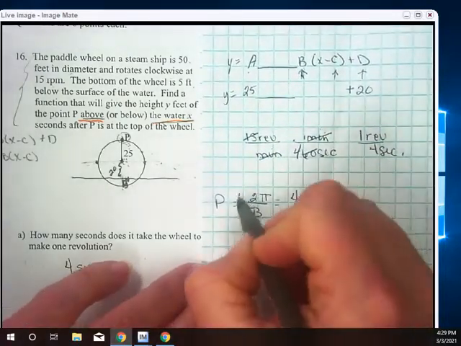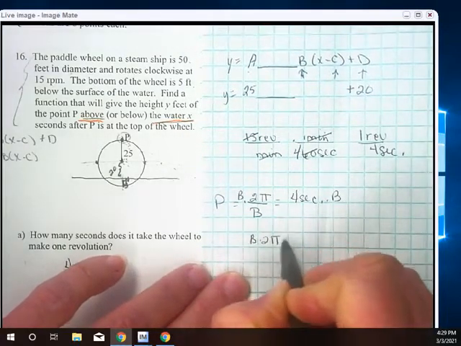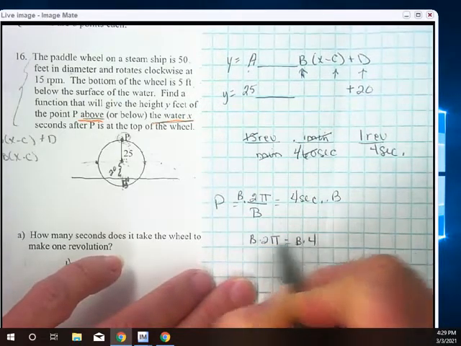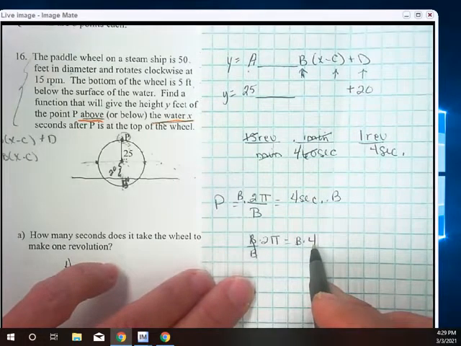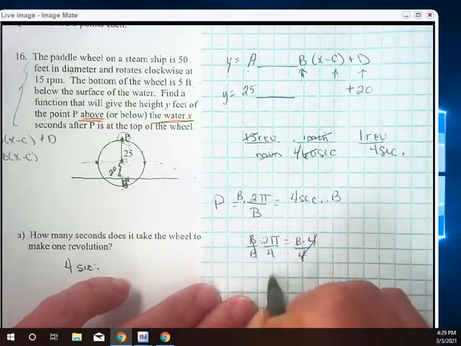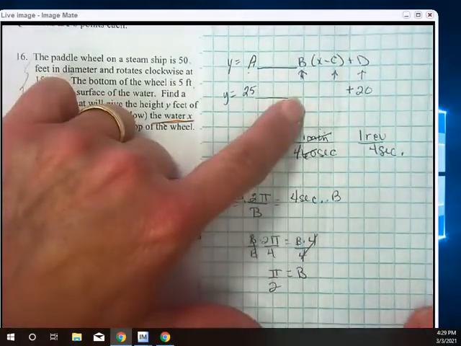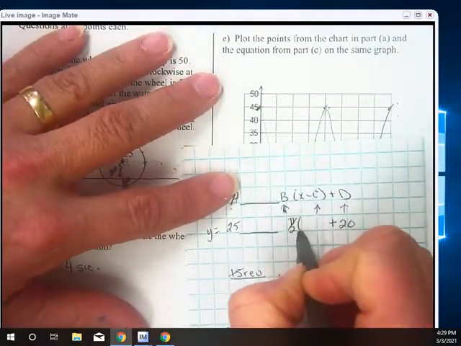I'm going to multiply by b to get the b value on top of the line in the numerator instead of the denominator, and then I'm going to divide by the 4. Pi over 2 equals the b value that I need for my equation.